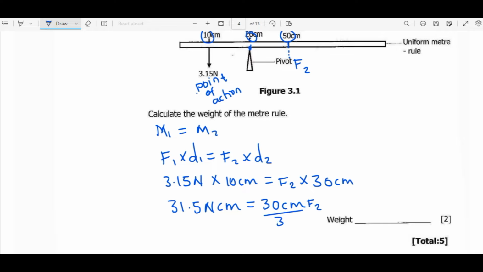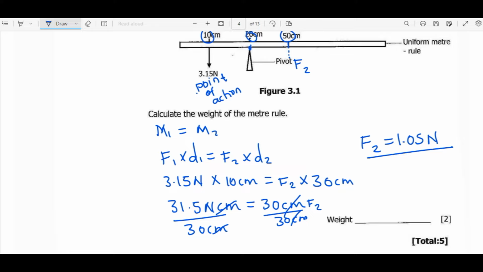So we divide by 30, and the centimeters cancel. We get F2 equal to 31.5 divided by 30, so my final answer is 1.05 newtons. So this is the weight.